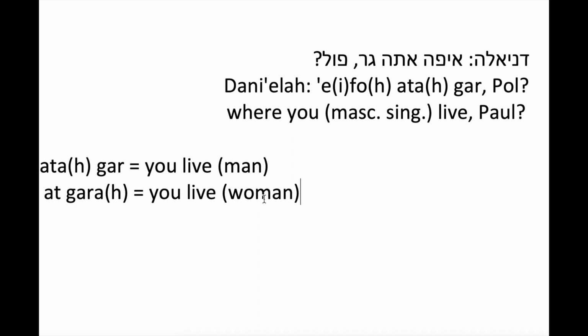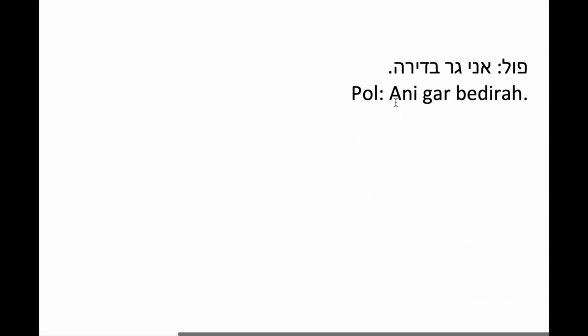So, what would Paul answer in this case? How would he answer this question? You know that "gar" is the conjugated form for a man, so you just need the I pronoun, I live. If you listened to the previous video lessons, then you would know that "I" in Hebrew means "ani." And this is why Paul says "ani gar bedira." Okay?